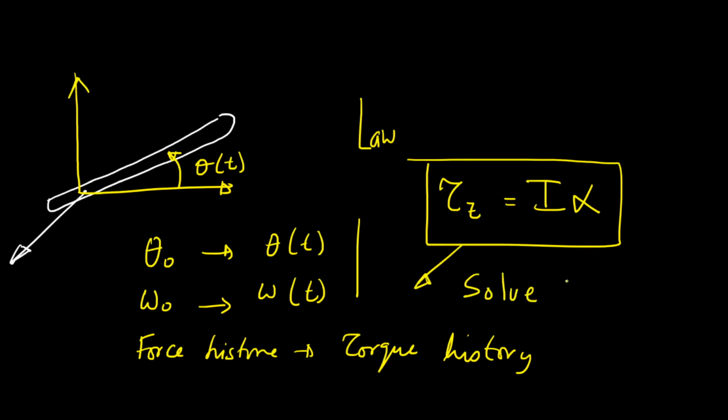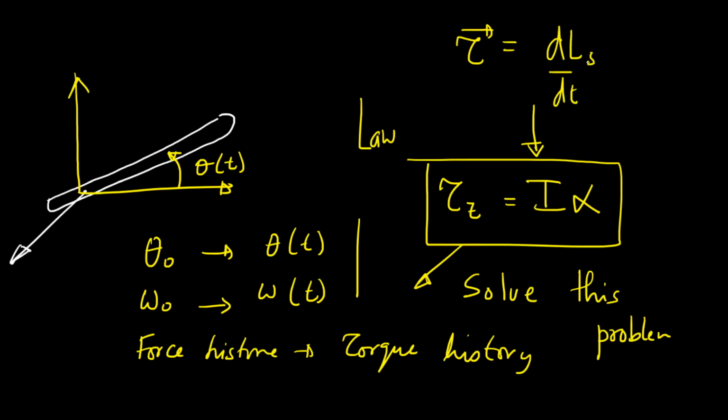What I'm really trying to prove is that tau equals I alpha is, in this simple problem, a direct consequence of tau equals dL by dt. The intermediate step is tau z equals dLz by dt, and Lz equals I times omega of time.